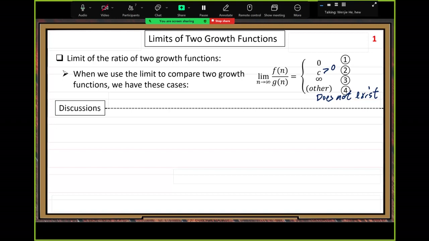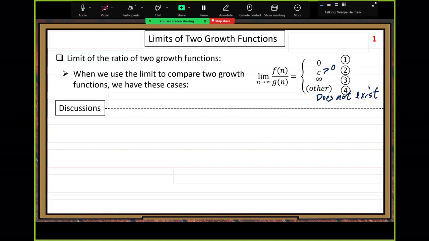when we have these 4 cases, now we want to describe which growth function increases faster, which growth function increases slower. As a comparison result, we want to know which one increases faster, which one increases slower.